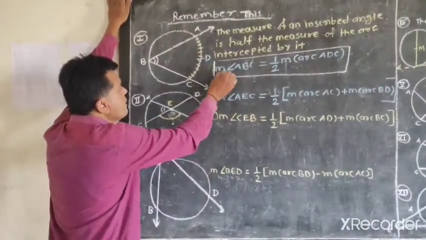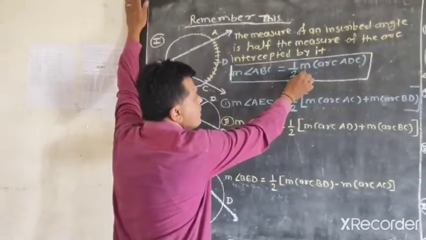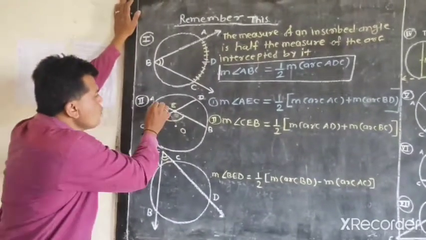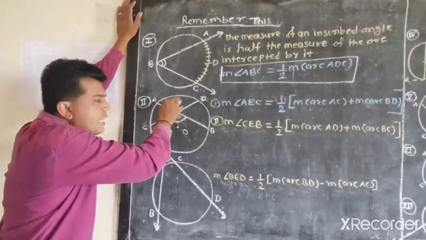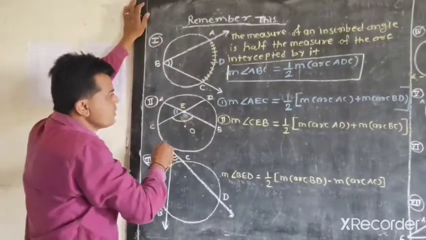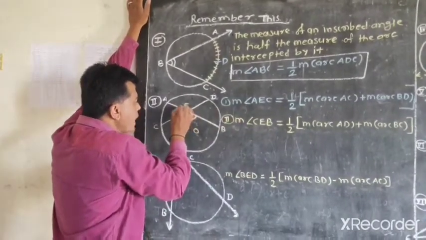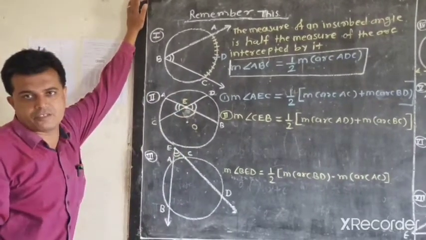That is, measure angle ABC is equal to half measure arc ADC. Second type: two chords AB and CD intersect at a point inside the circle. Then measure angle AEC; these angles are vertically opposite angles.